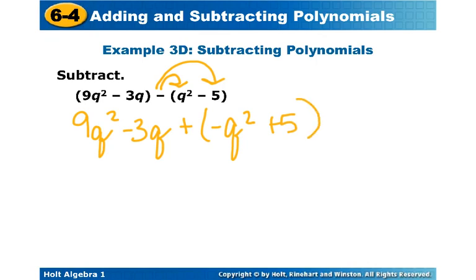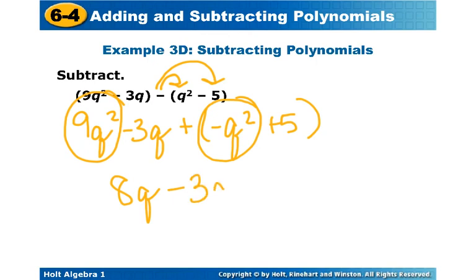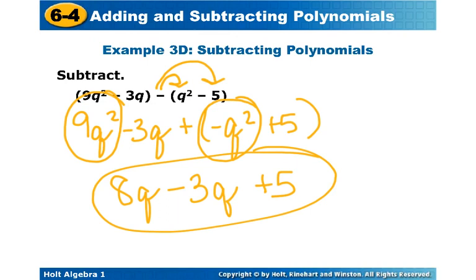Okay, so combine your like terms. Here we go. So that gives us 8q minus 3q plus 5. And there's your final answer.